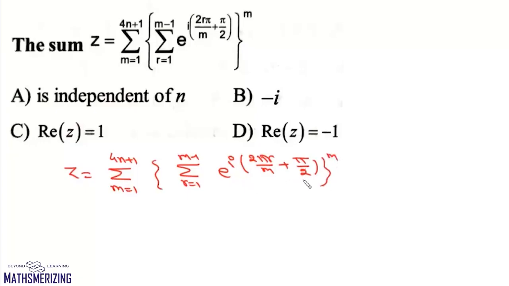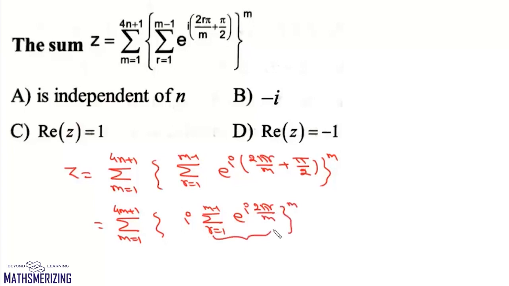Now we'll split it in two parts, and we know that e to the power iota pi by 2 is simply iota. So we can write this as summation m varies from 1 to 4m plus 1, and then it will be iota into summation r varies from 1 to m minus 1 of (e to the power iota 2 pi r by m) whole to the power m. Now we know that this is nothing but the sum of m roots of unity except 1, and this sum is nothing but minus 1.